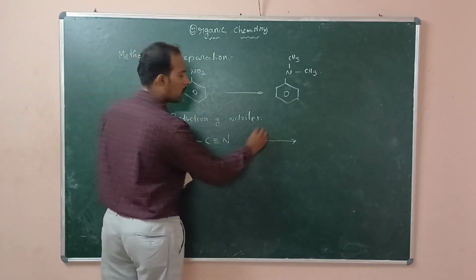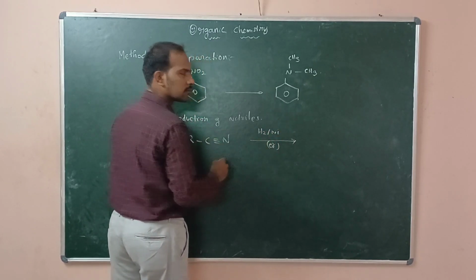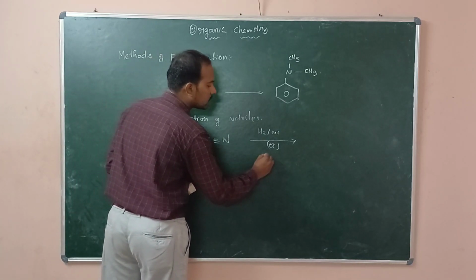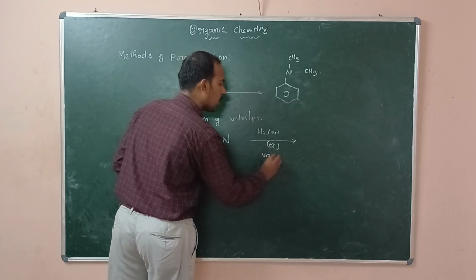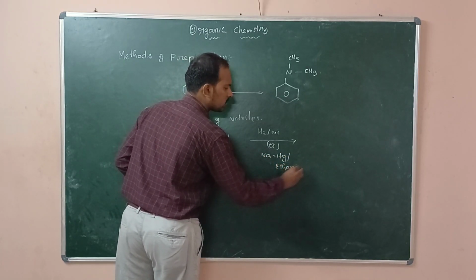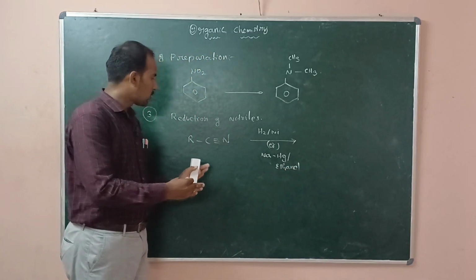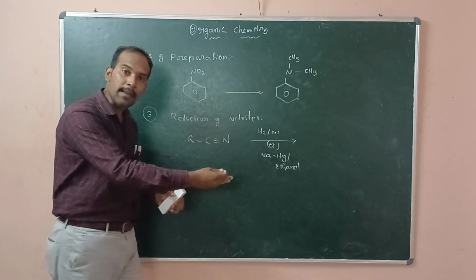Here we can use hydrogen nickel, which is a selective reducing agent, or you can use sodium amalgam in the presence of ethanol. So these two reducing agents we can use to convert nitriles to amines. This gives primary amines.